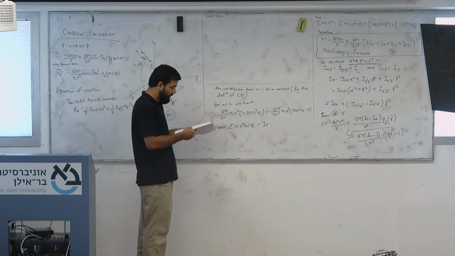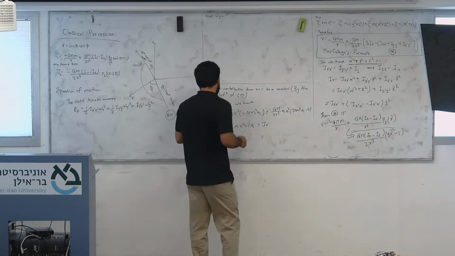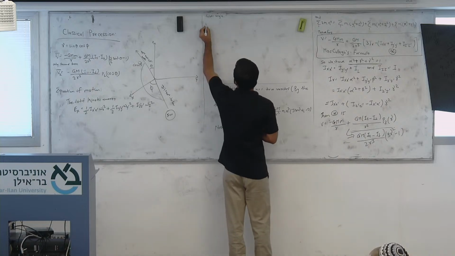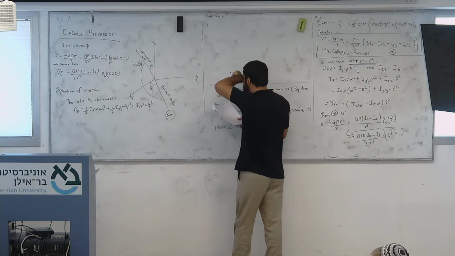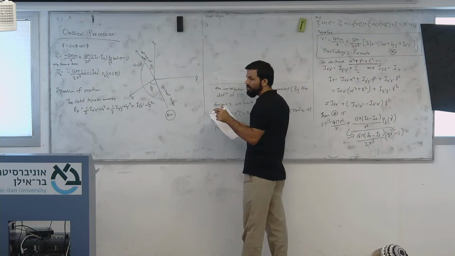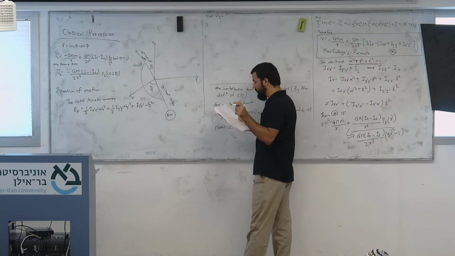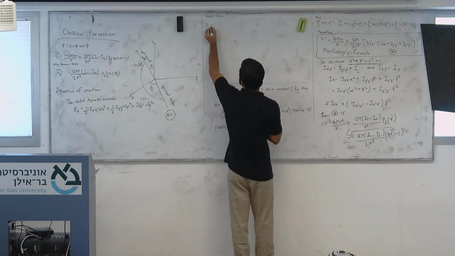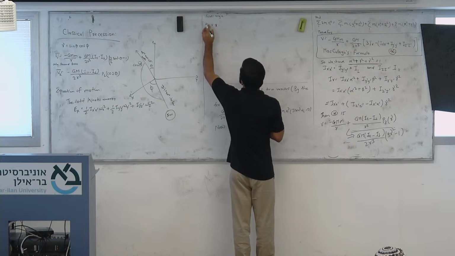So how are these Euler angles defined? First is the rotation at an angle phi around the z axis.